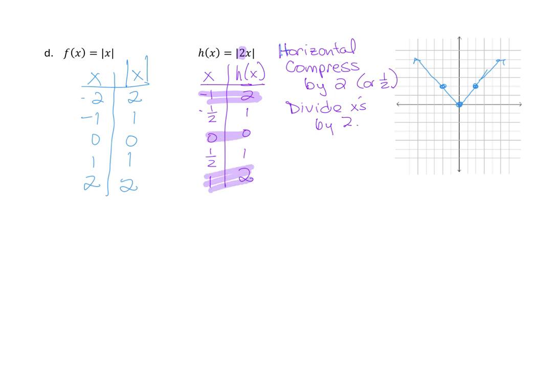All right, when we do this, we have 0, 0. We have 1, 2. We have -1, 2. And basically what we've done is we have squished our graph in towards the y-axis.